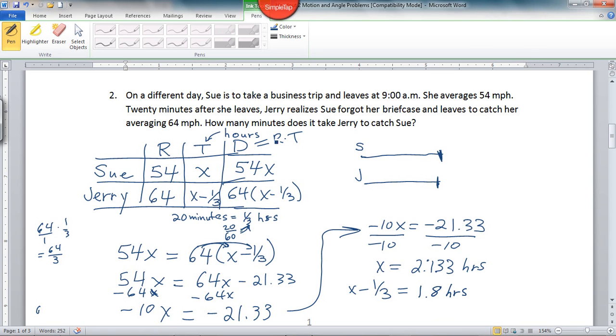Yeah, but I want the number of minutes. How do I convert that to minutes? Well, you take the number of hours times 60, and that'll give you minutes. 1.8 times 60 is 108 minutes. Jerry's time to catch Sue, 108 minutes. All right?